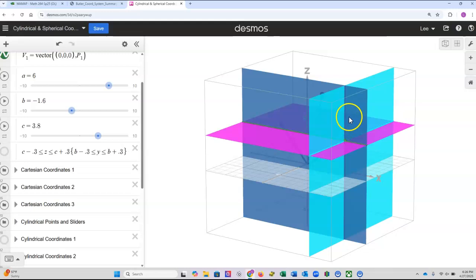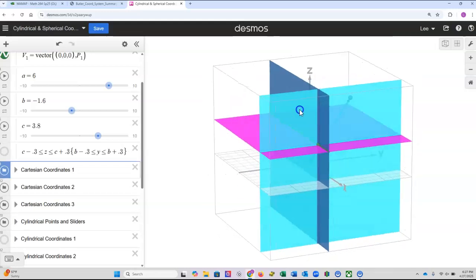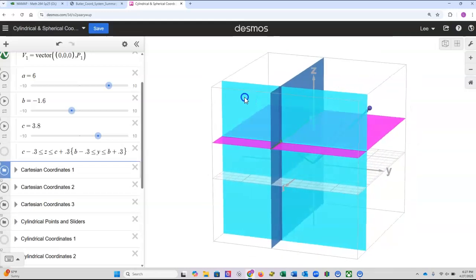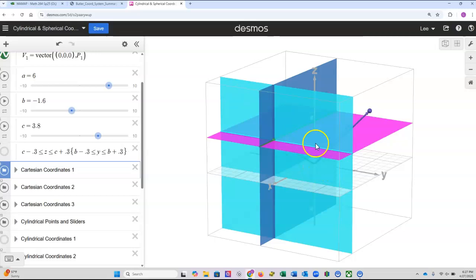So if we hold our Y constant and just move in the X and Z, then we're going to get this dark bluish one here that's perpendicular to the XY plane but parallel to the XZ. And then this light blue one, this is if I hold the X constant and then just move in the Y and Z direction.